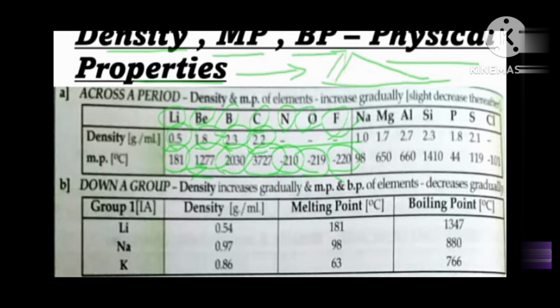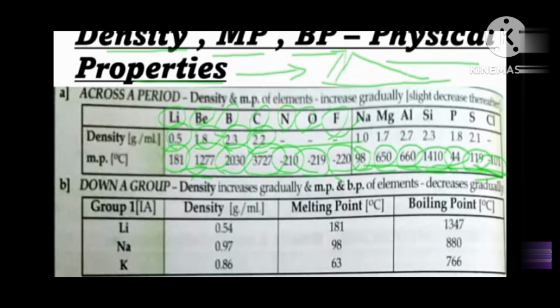This is all decreasing. You can take the example here also: it is increasing, 98, 650, 660, 1410, and then it decreases, 44, 119 and minus 101. So it is gradually increasing and slightly decreasing across a period.